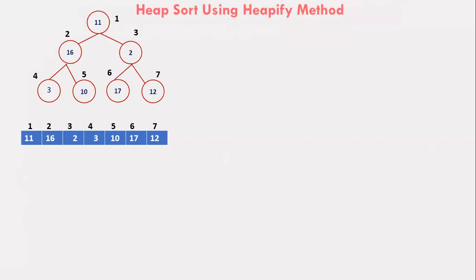So let the function name be max heapify. The array name is A, the number of nodes is n, and I is the largest index value. And let us see how this I value will be. The largest index value in this particular example where we apply the heapify method is 3.